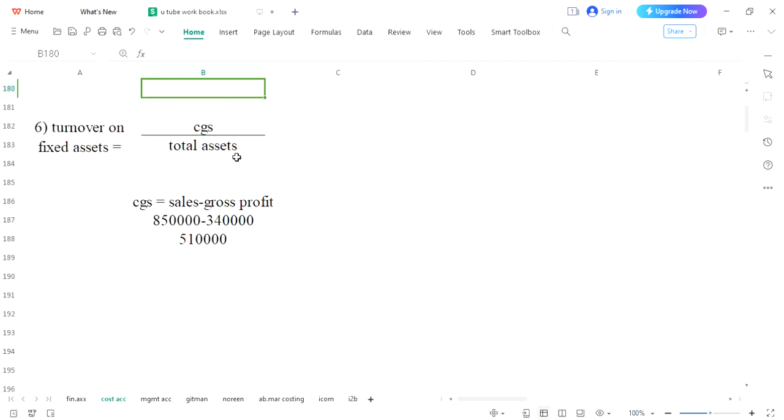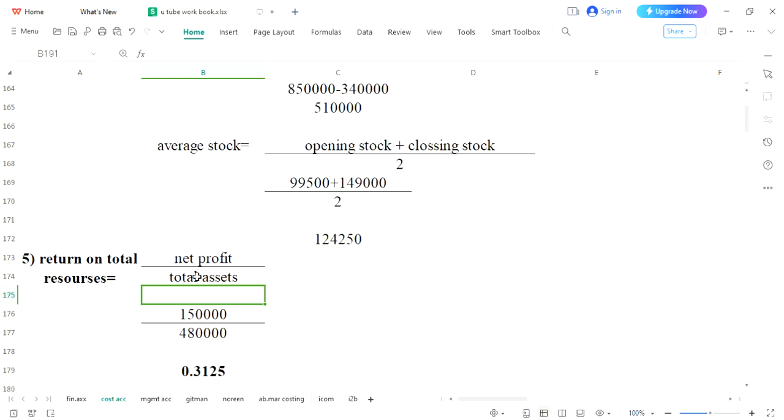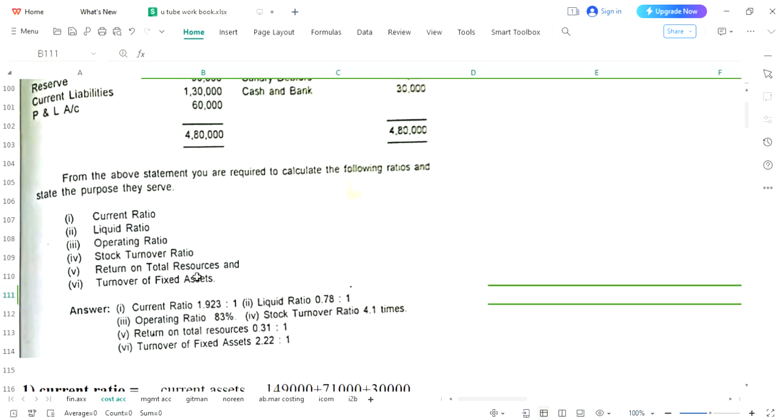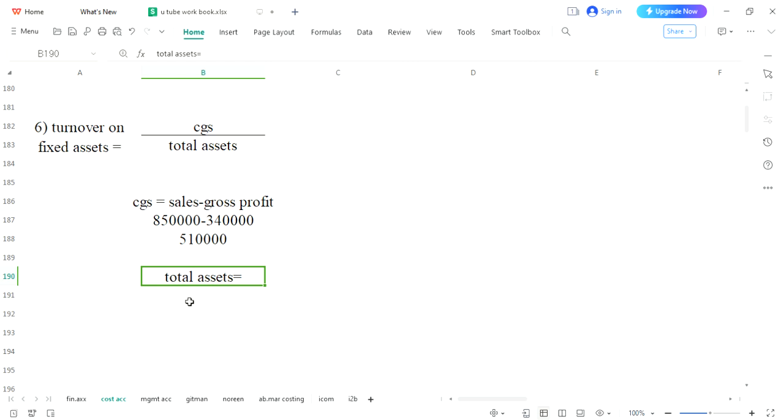The second thing we need is the assets, and again we do not need to bother about that, because the assets are also given in your question. As you can see, these are for turnover on fixed assets.